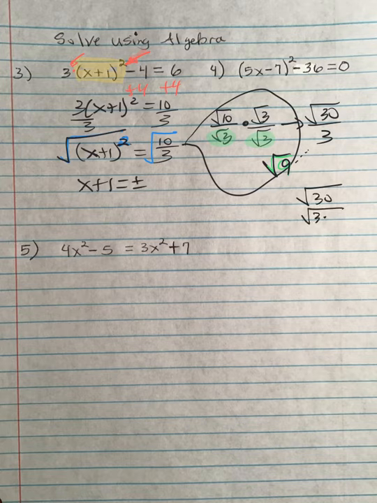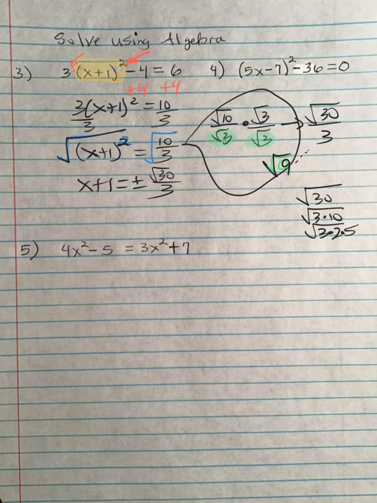Isn't 30 just 3 times 10, which is 3 times 2 times 5? So notice there are no perfect squares and no pairs. So the square root of 30 is simplified. There's no radical in the denominator. And 3 and 30 cannot be reduced because 30 is under the radical and 3 is not under the radical. So those cannot be reduced. So that's going to give you the square root of 30 over 3.